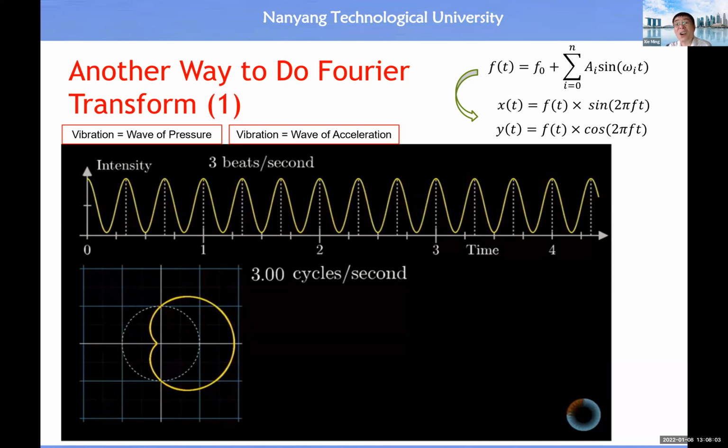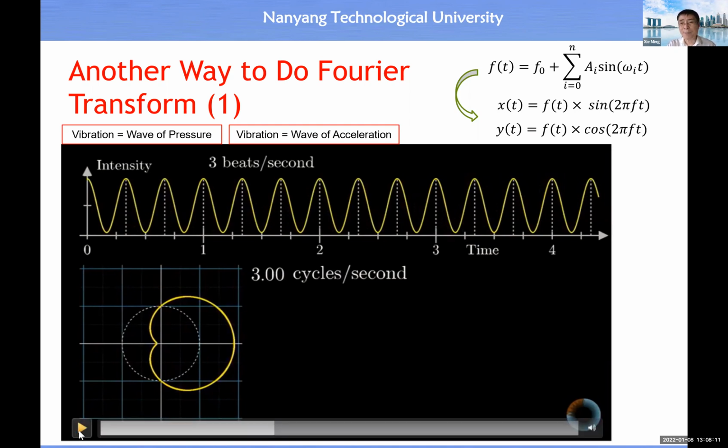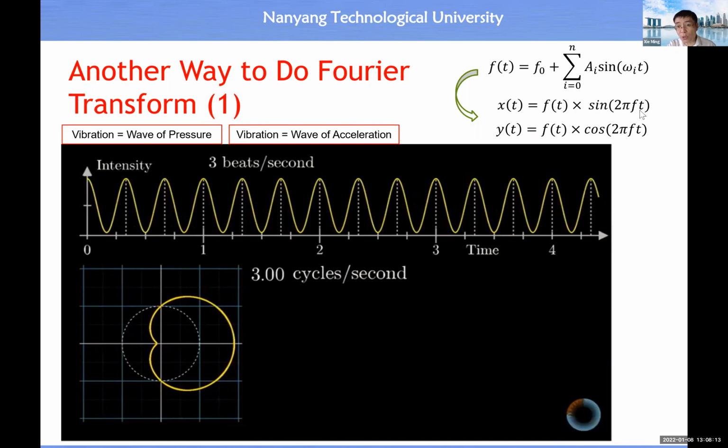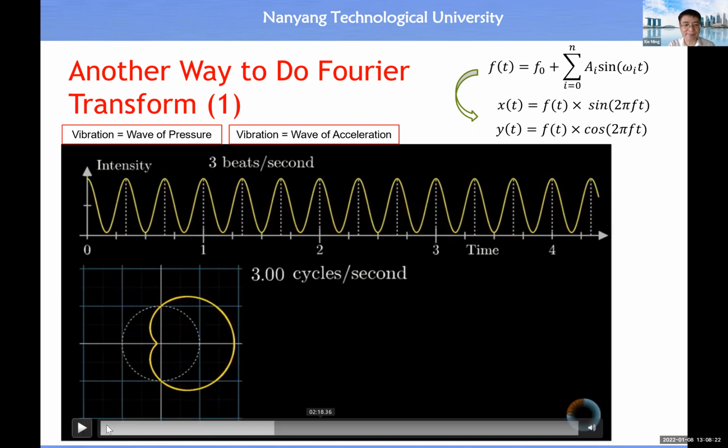Frequency is 3 hertz, right? So this just helps you to understand the meaning of all this. Then immediately you will see, okay, when the f, that means we try all the possible f. When the f hits the value which is contained inside the f(t), then you will see the peak response come out, right? So it's a very interesting discovery.